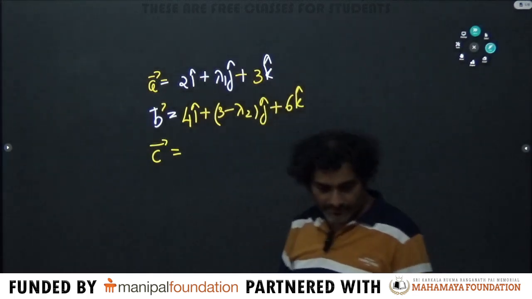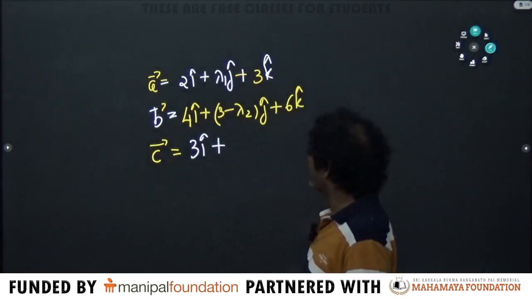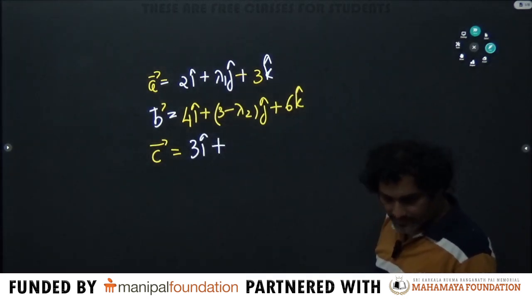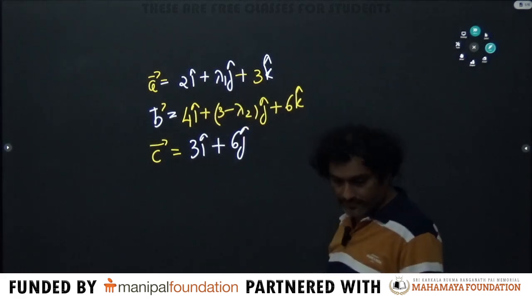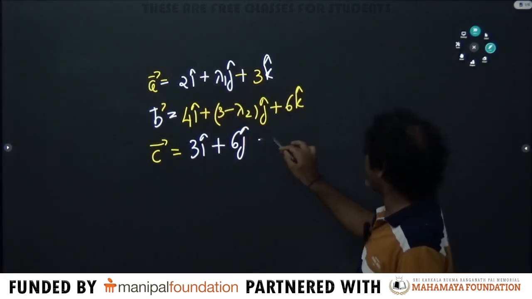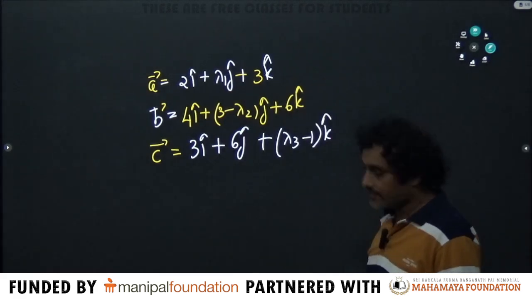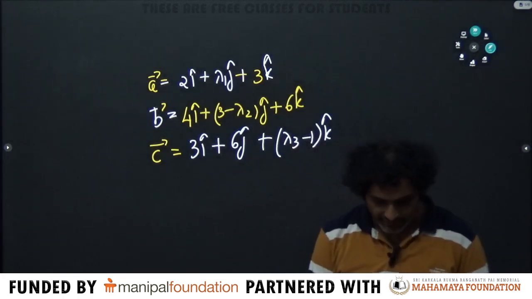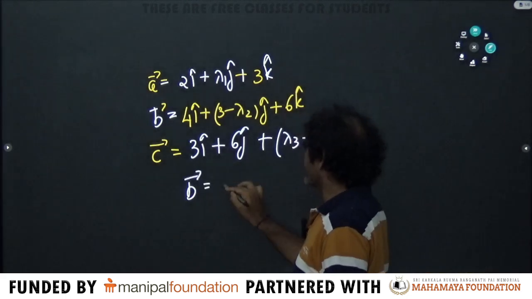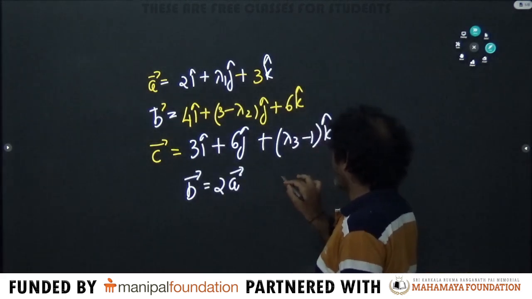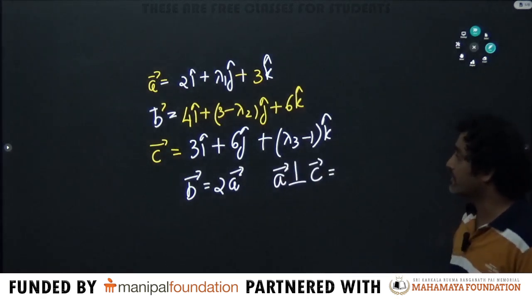C vector is 3i cap plus 6j cap plus lambda 3 minus 1 into k cap. Now they're telling conditions, that B vector is 2 times A vector, and A vector and C vector are perpendicular.